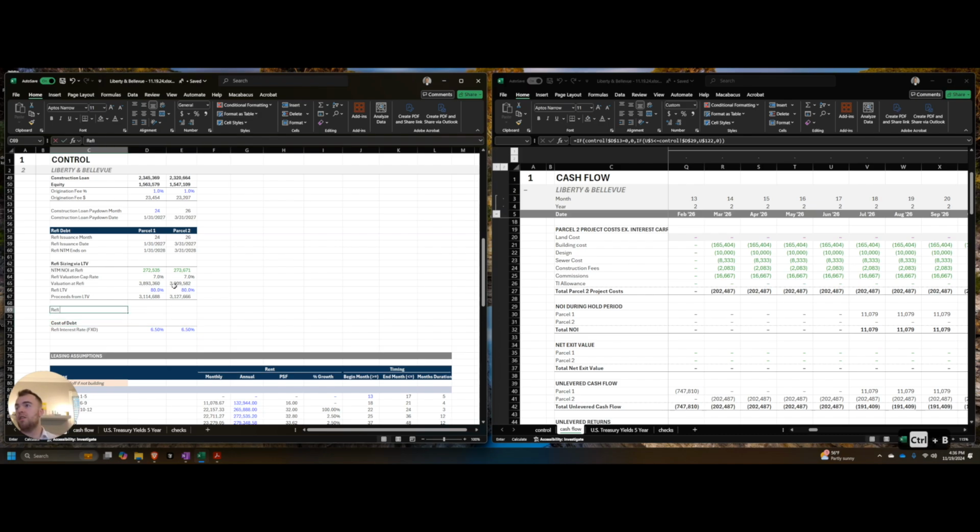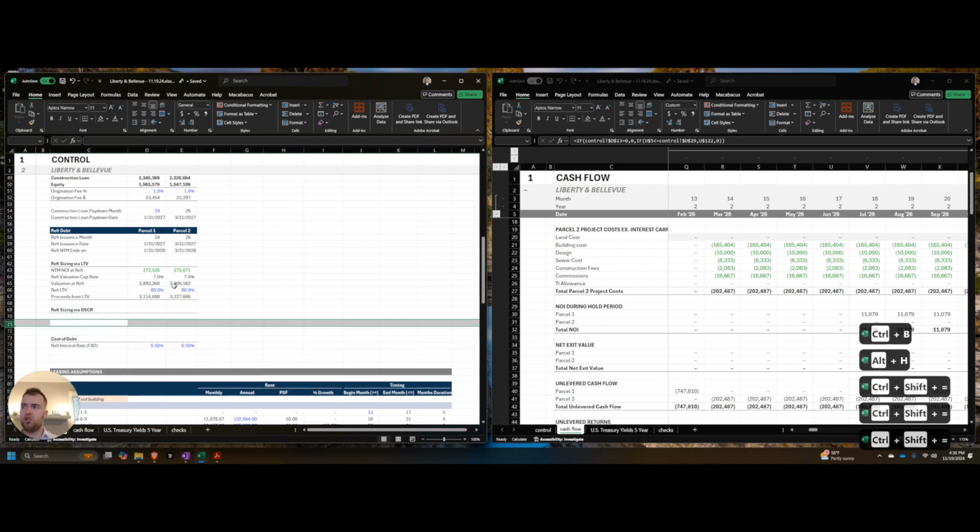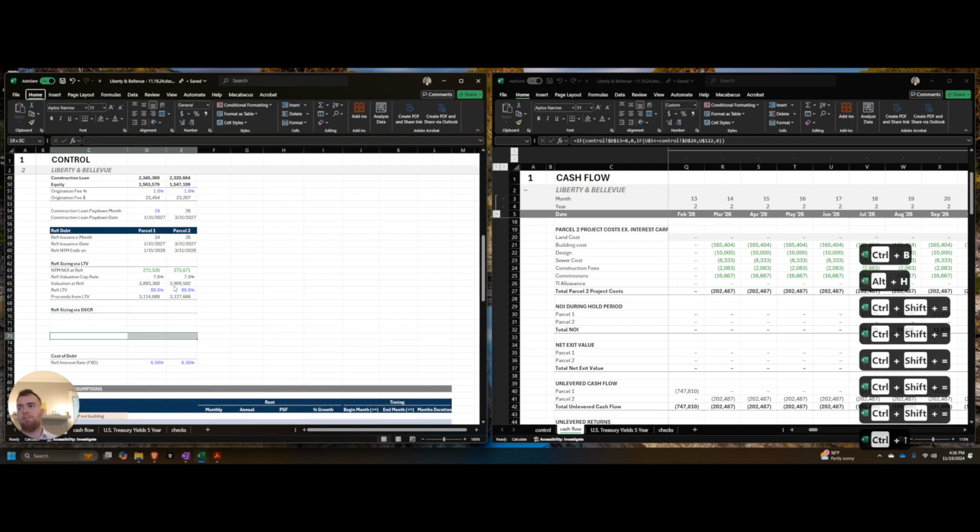I'm just organizing this. Refi sizing via DSCR. The debt service coverage ratio is just a way to measure debt.